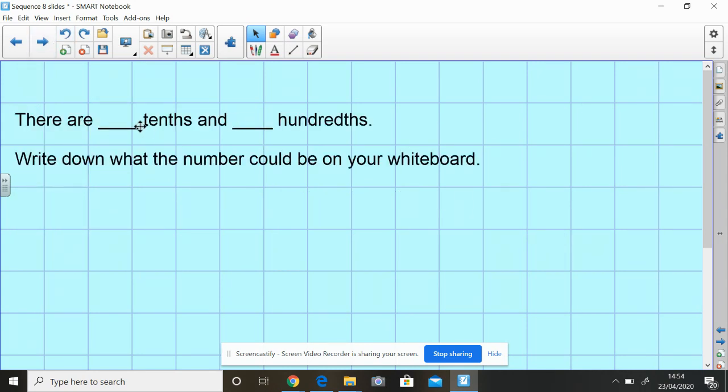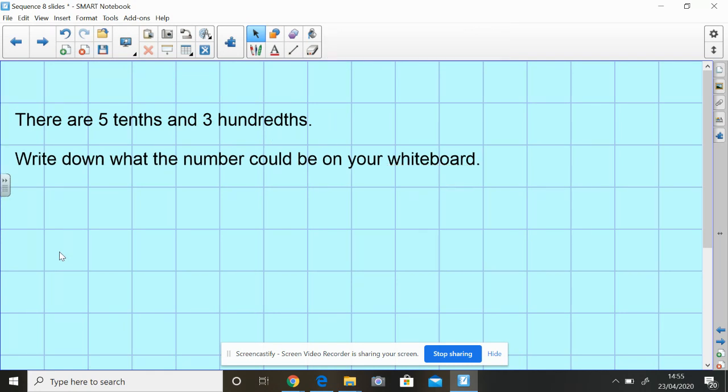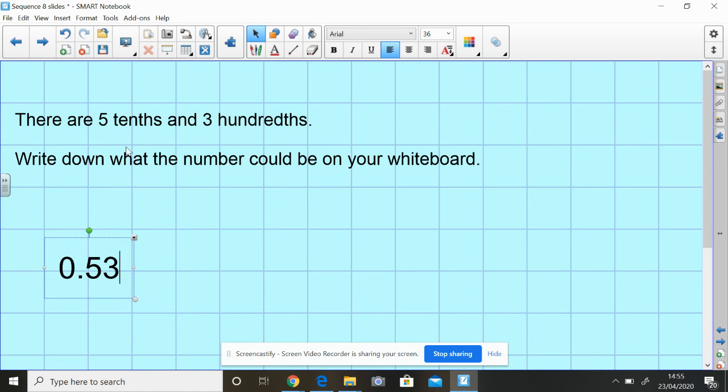Right, I'm going to give you some tenths and hundredths, and I want you to tell me what the decimal is. So in my number, there are 5 tenths and 3 hundredths. What is my decimal? It is 0.53, because I've told you there are 5 tenths. Here's my 5 tenths. I've told you there are 3 hundredths.